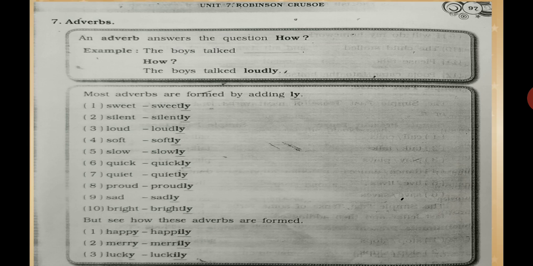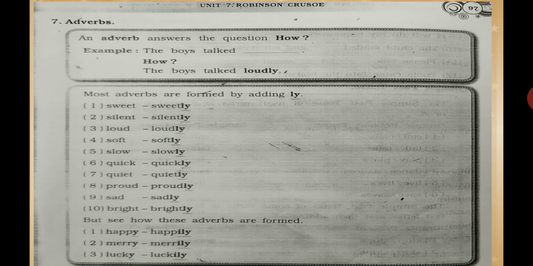Now question number 7, page number 97. The topic of the grammar is adverb, which we learnt in our last lesson, number 17. So we already know about the adverb. How to make an adverb, what are the three main kinds of adverb, right?